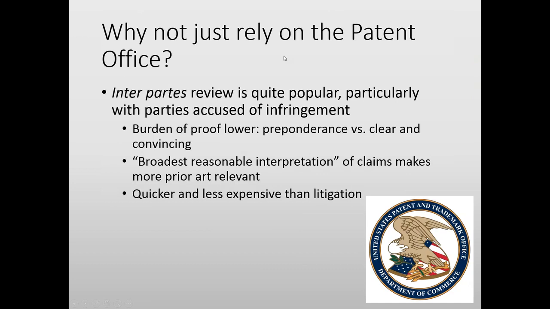Okay, let's talk about another issue that I've heard about a lot lately, and that is why not just rely on the patent office to deal with your patent disputes? If you tie yourself into an arbitration, aren't you foregoing the ability to use this very new popular procedure of inter partes review?